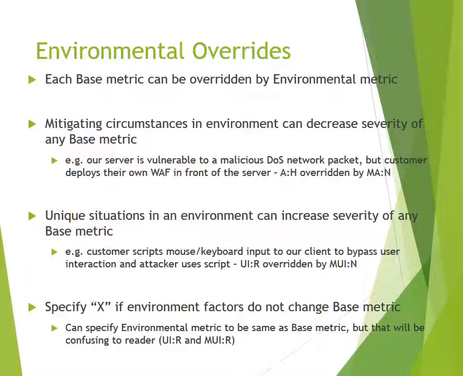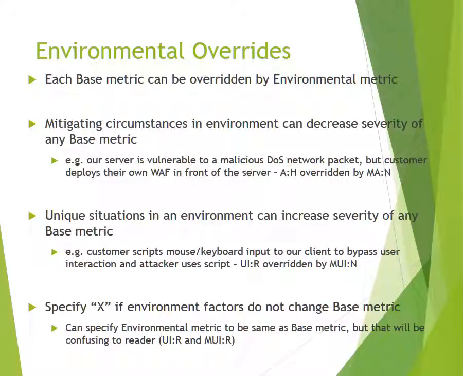The exploit is bad for accessibility because our server is affected by this malicious denial of service packet. But because of the web application firewall, the modified accessibility, MA as opposed to A, is no, there's no effect whatsoever because the WAF blocks the packet. So that would decrease the severity of the accessibility-based metric.